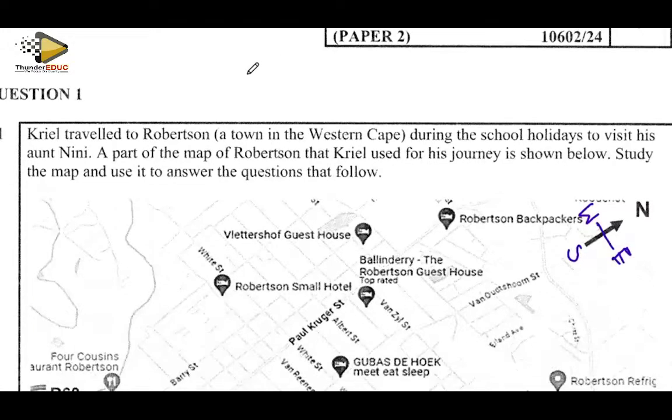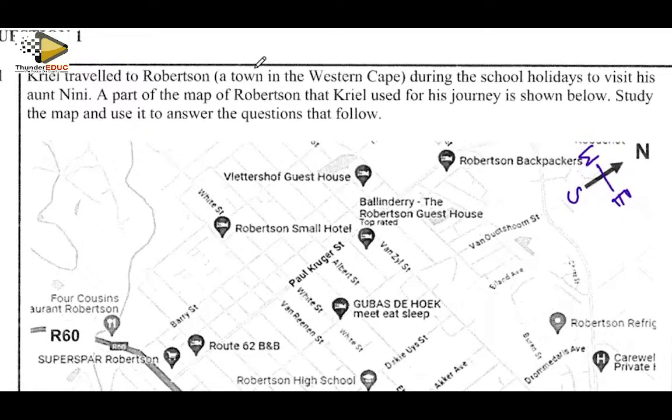All right, let's go to question number 1. Kelly traveled from Robertson, a town in Western Cape, during the school holidays to visit his auntie Nina. A part of the map of Robertson that Kelly used for his journey is shown below. Study the map and use it to answer the questions that follow.